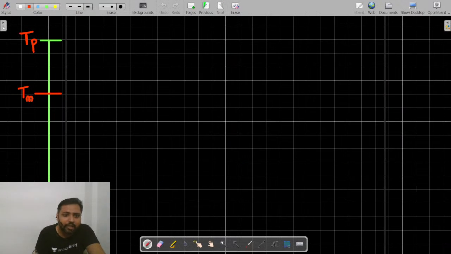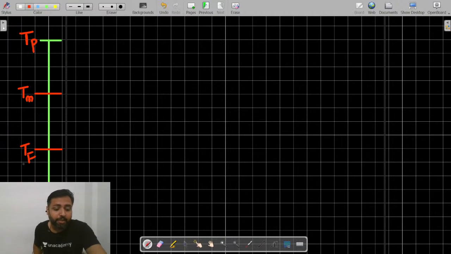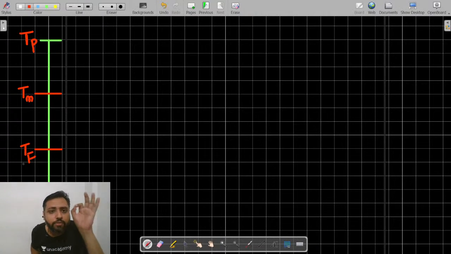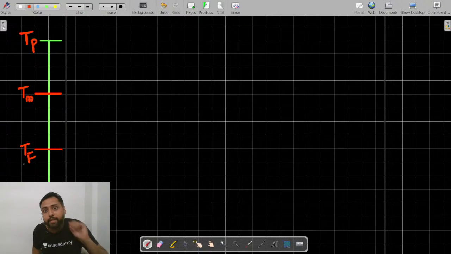Once solidification occurs, the temperature you get in the casting after solidification is Tf, the freezing temperature. This freezing temperature will also be very high compared to room temperature.